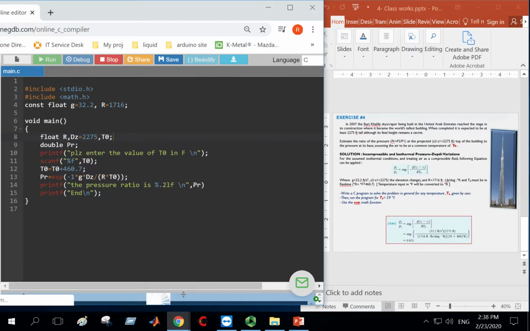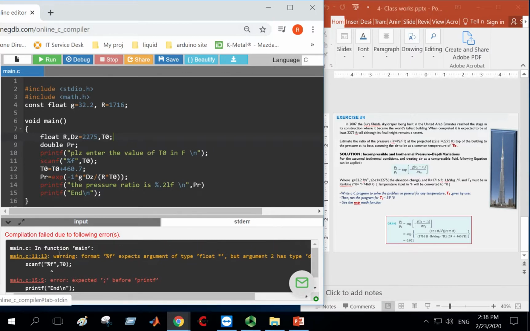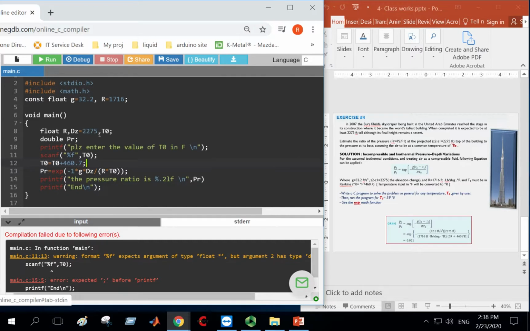Run the program. We have a problem here. What is the problem? The printf function expects an argument of type float, but argument 2 has type double. So let me go back and check here. We have float R, dz, double pressure ratio, please enter. Okay, scan it as a float. For temperature T0 is a float, T0 equals what we converted, pressure ratio uses lf.